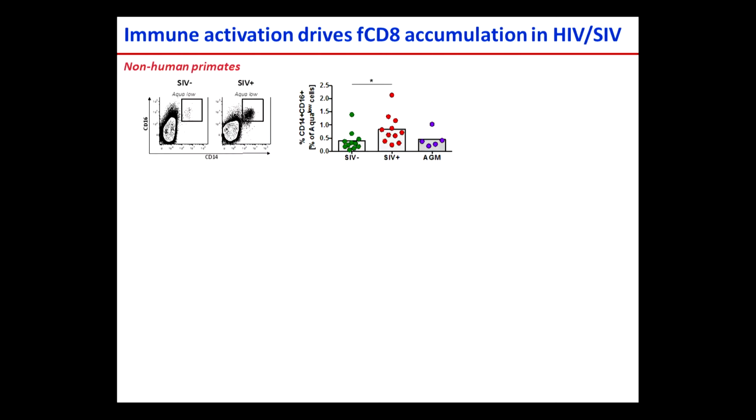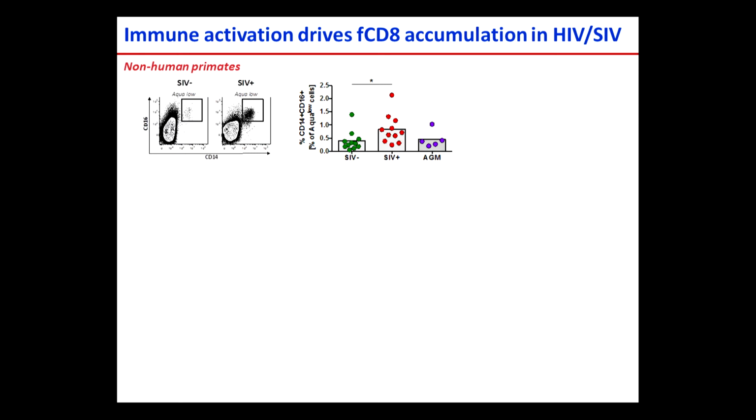So what are the inflammatory markers that might be going on? Well, we know that in SIV-infected monkeys, you get this accumulation in lymph nodes of activated monocytes, CD16 and CD14. This population is much bigger than this population.